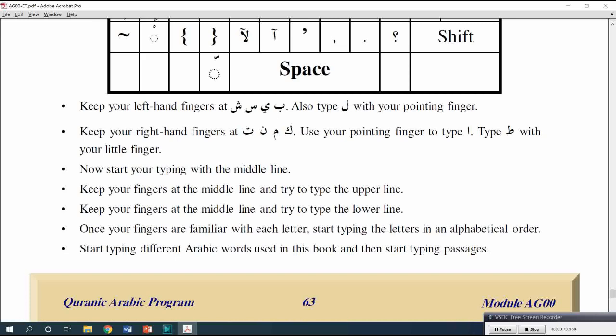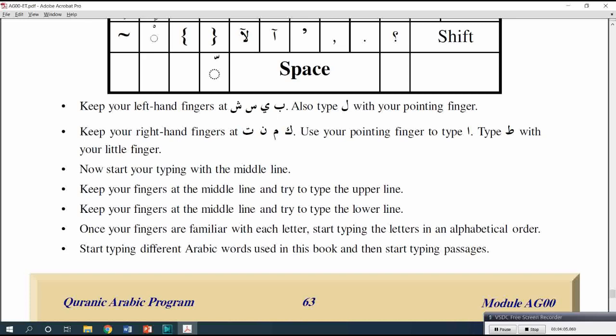Once your fingers are familiar with each letter, start typing the letters in alphabetical order. Start typing different Arabic words used in this book and then start typing passages.